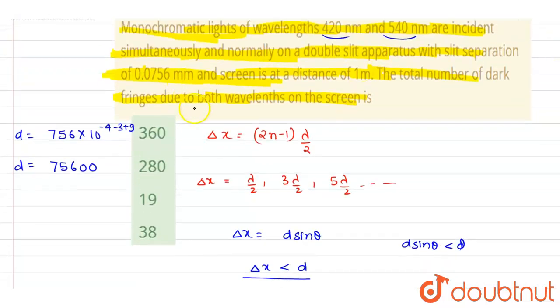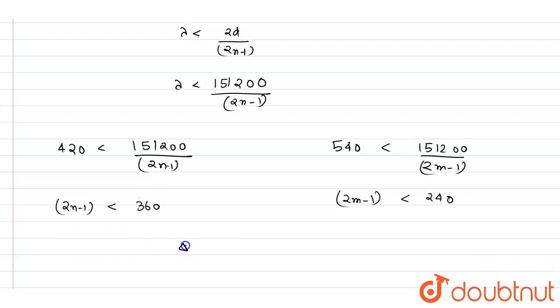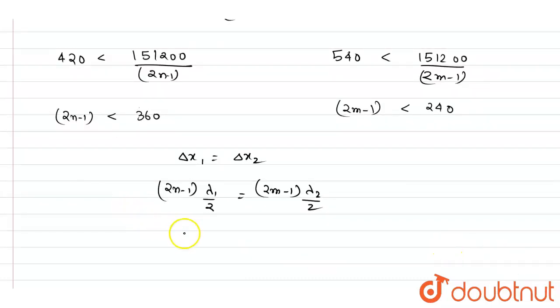It is said that dark fringes should form due to both. So when the dark fringe forms because of both, the path difference will be equal for the two. So I will write 2n minus 1 into lambda 1 by 2 equals the path difference for the second. From here you will get the allowable values of n and m.